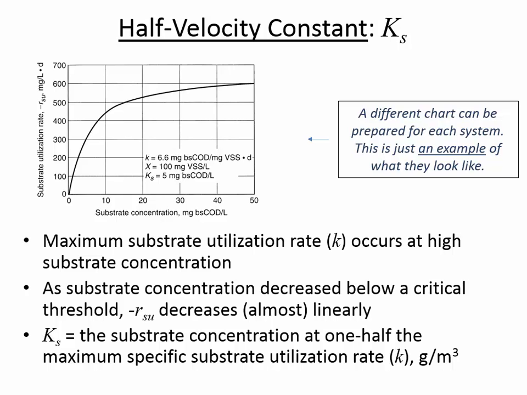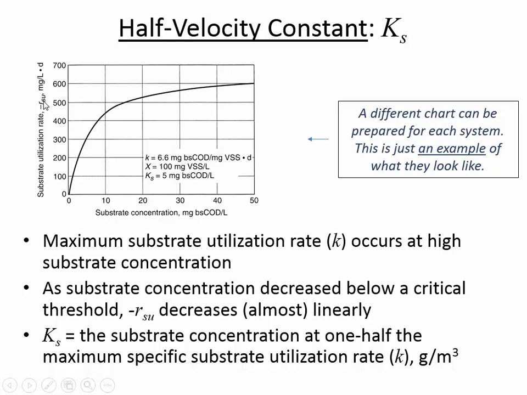But what this is showing is, here on the x-axis, substrate concentration. That is, how much food is inside the aeration basin. So what is the S value in the aeration basin? And then on the vertical axis is how quickly the microorganisms are consuming the food. So let's look for the trend. The trend is, if you have lots of food, the microorganisms are consuming it quickly.